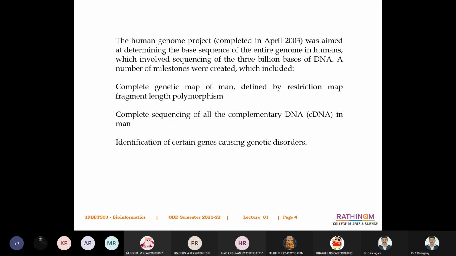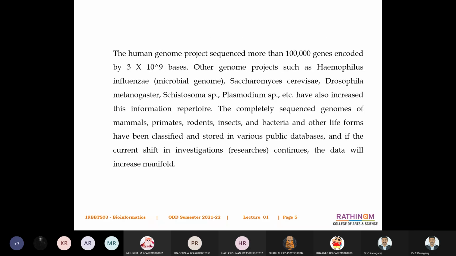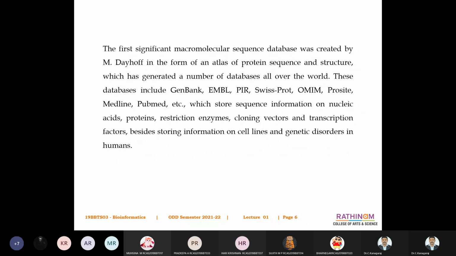These are the objectives of the human genome project. In total there are 3 into 10 to the power of 9 bases in human genes. After completion of the human genome project, other genome projects, such as influenza, Saccharomyces, Drosophila, Plasmodium, and some plants, mammals, rodents, insects, and bacteria, have completed the entire genome.